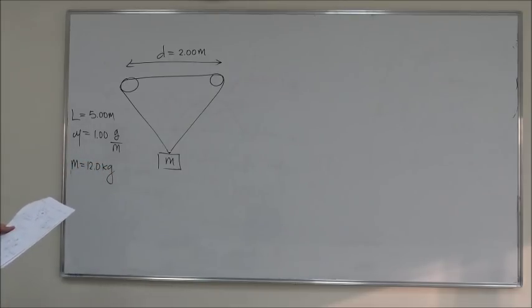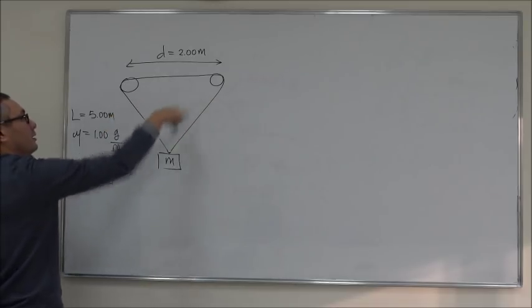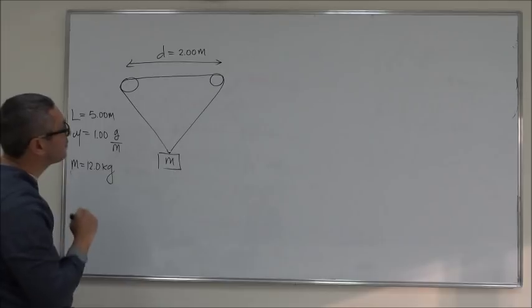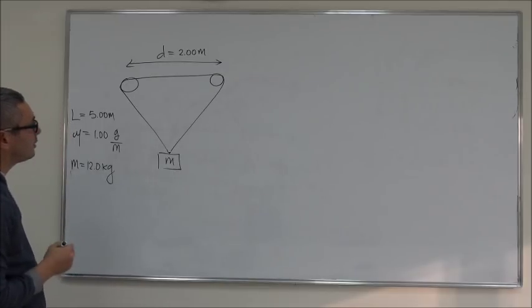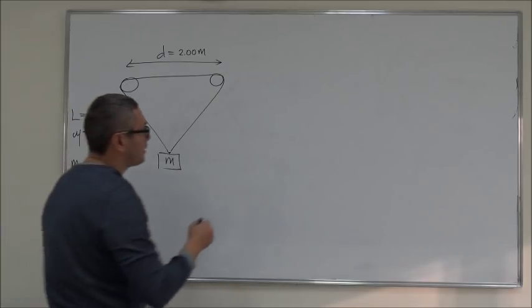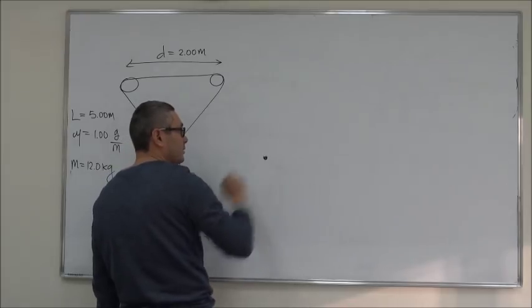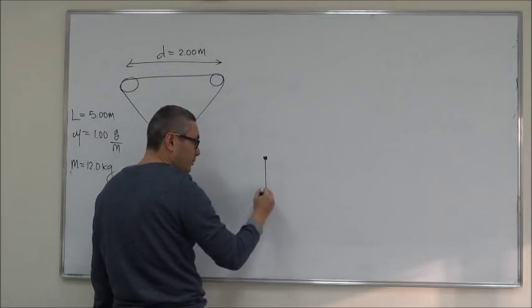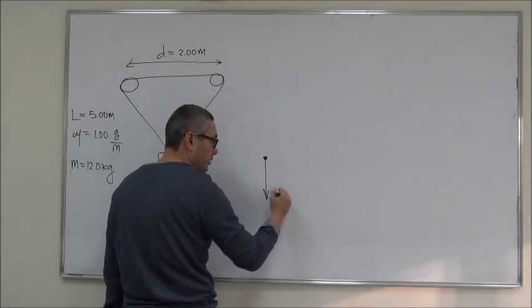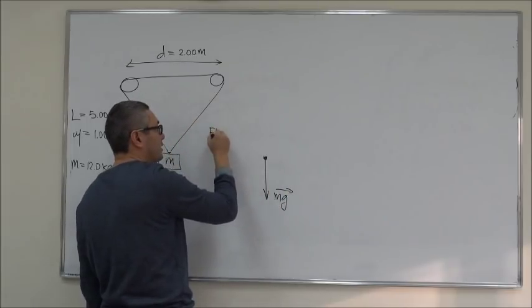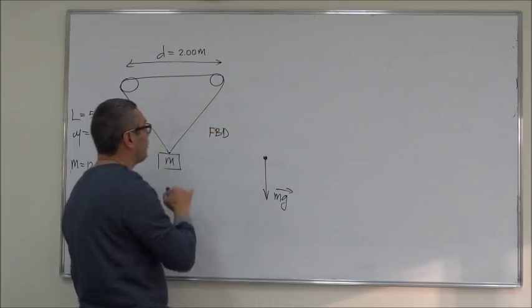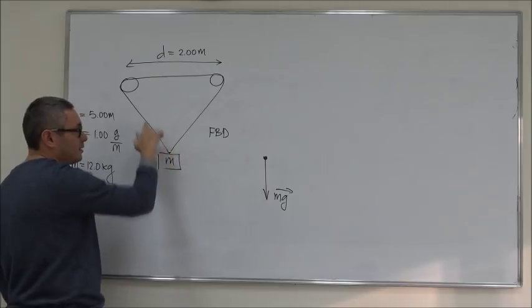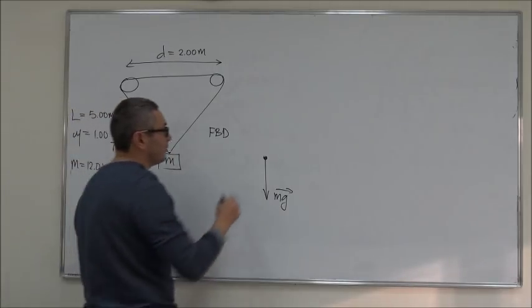So in part A of the question, we need to find the tension in the string if the mass is in equilibrium. Well, we can draw a free body diagram for the mass. So there is a mg force acting on it from the bottom, so this is a free body diagram. And then there are two forces from the two strings pulling at an angle.